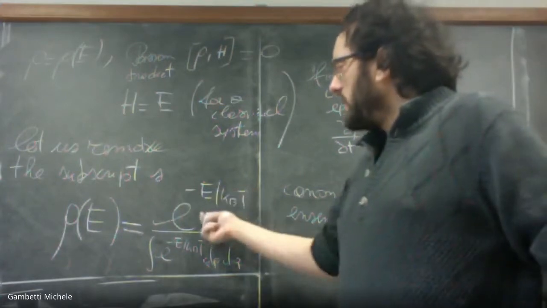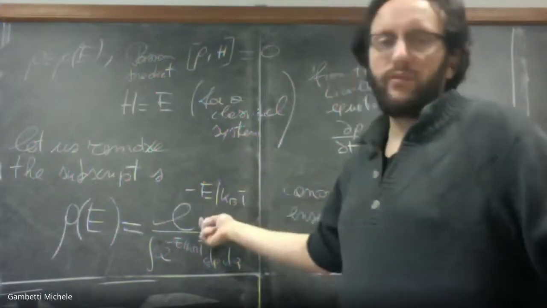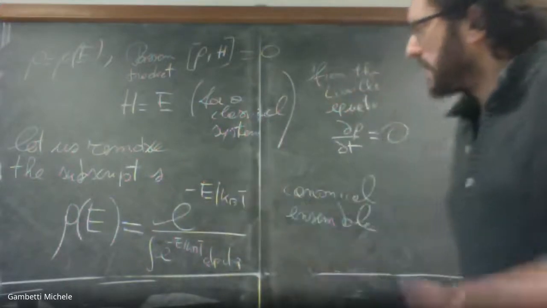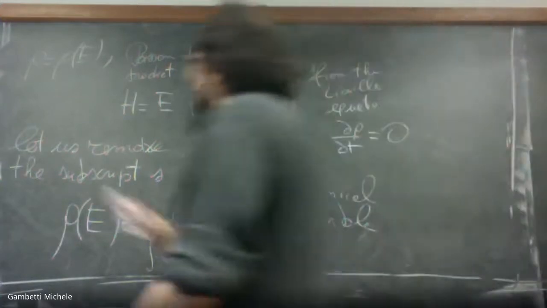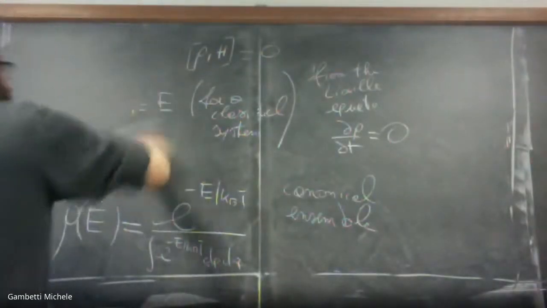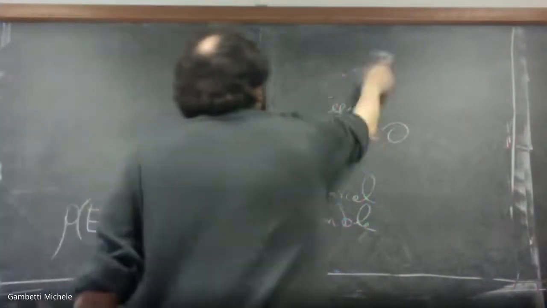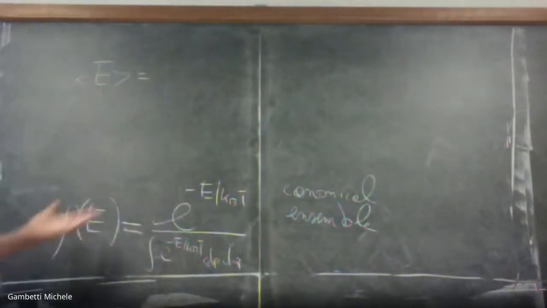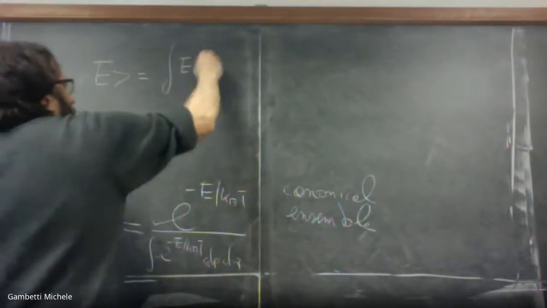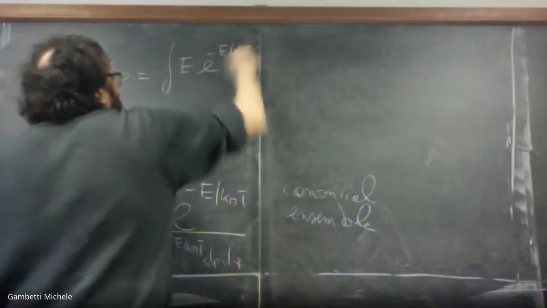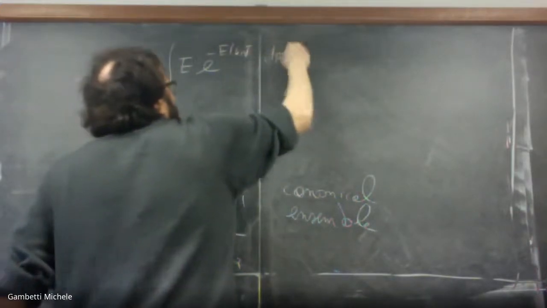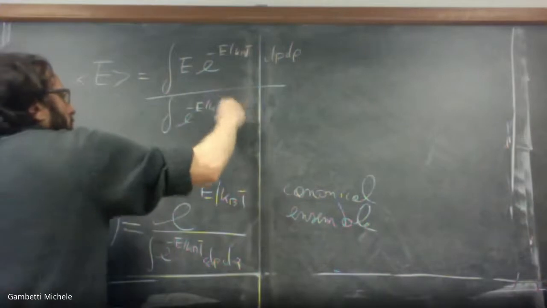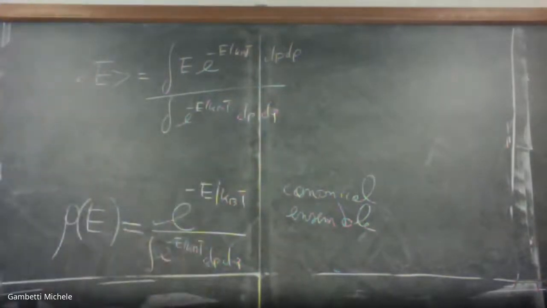And here the difference is that I have a weight, which is the usual Boltzmann factor, that actually does its job when I do the average, in the sense that, for instance, if I want to compute the ensemble average of the energy, this will be something like the integral of E times rho.